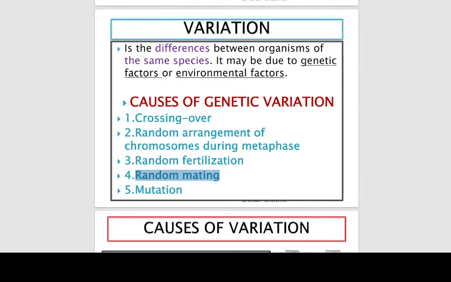Random fertilization: remember, you release over 300 million sperms in a single ejaculation into the female during sex. So if you ejaculate more than once, you produce over 500 million sperms. But which sperm is going to fertilize the ovum?